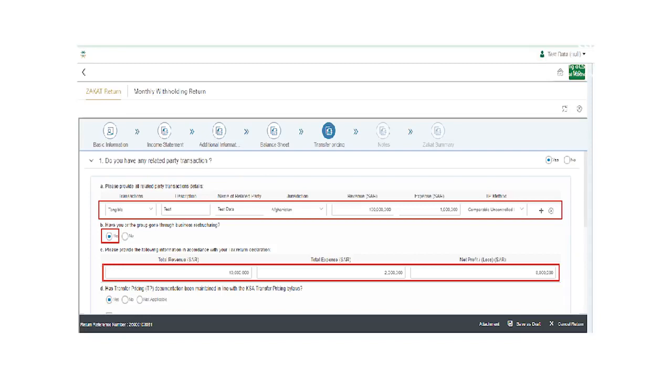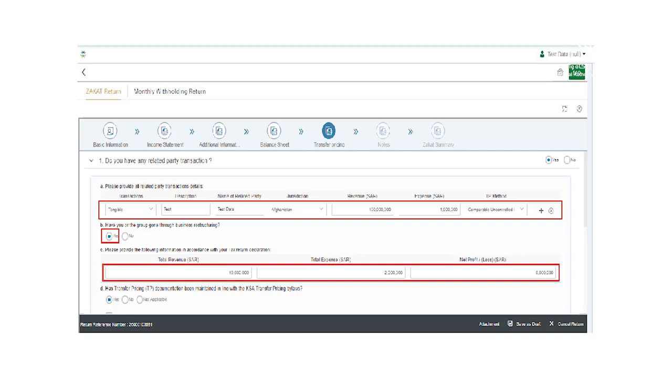Additionally, here you have to provide certain information like the address, the TIN number, so you can refer back to the transfer pricing guidelines, which were issued recently. That gives more information on what is required in this field. Then you have to select the tax jurisdiction of that related person with whom you did the transaction. Of course, this is a drop list.